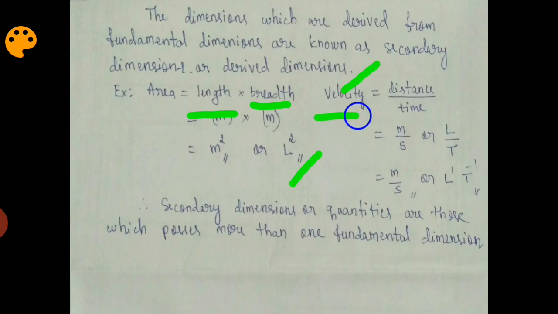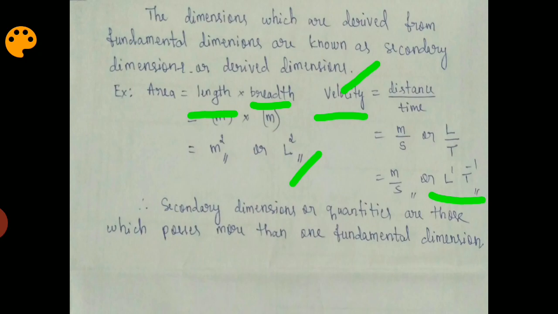Similarly, if I take the example of velocity, it is defined as distance traveled divided by time taken. The SI unit is meter per second, or in dimensional analysis we write it as L by T, but standardly we write it as L raised to 1, T raised to minus 1, or you can simply write it as L T raised to minus 1.